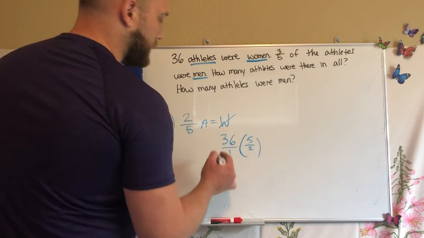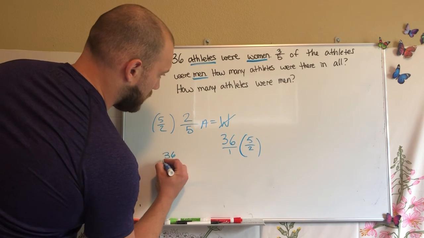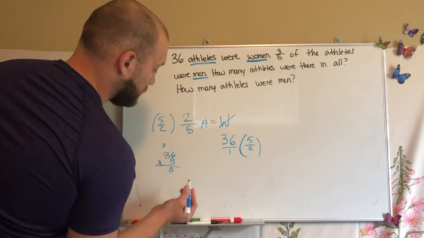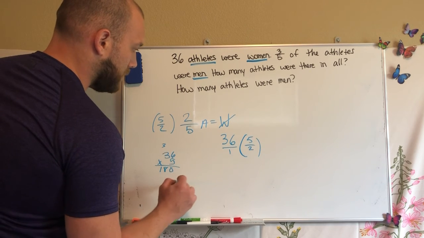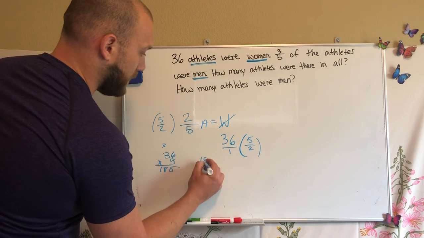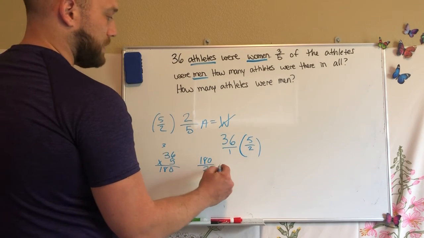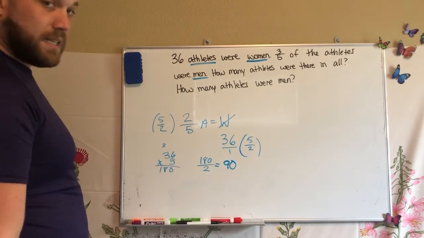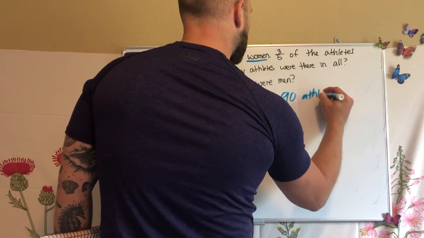But we're going to do it this way instead. 36 times 5 is 180. So I have 180 over 2, which is 90. So I have 90 athletes in all.